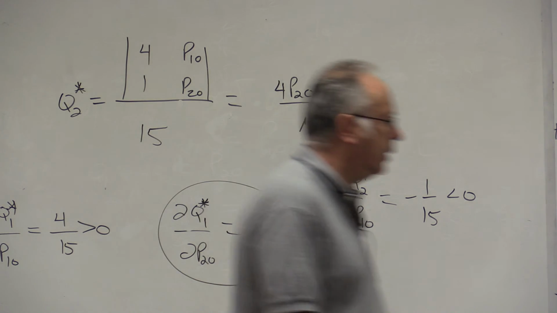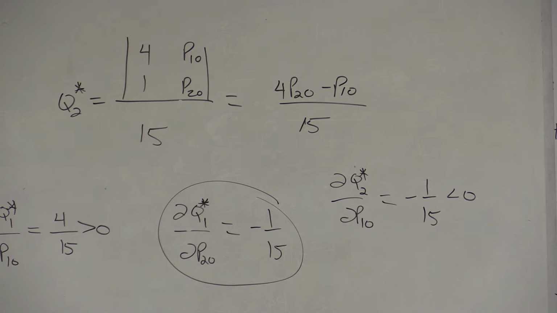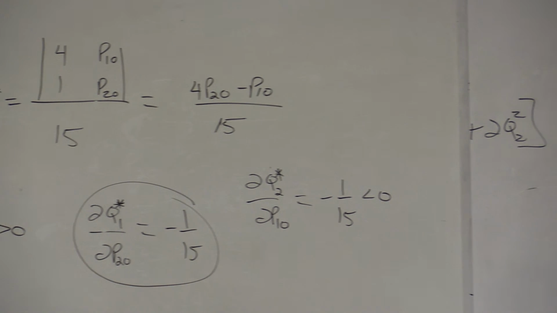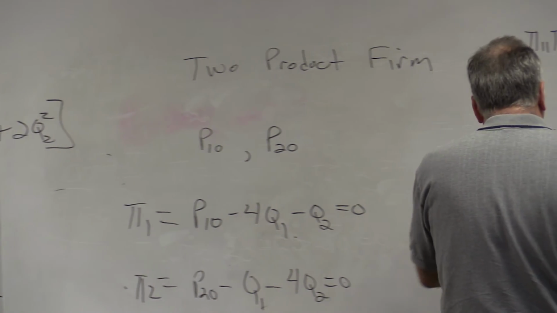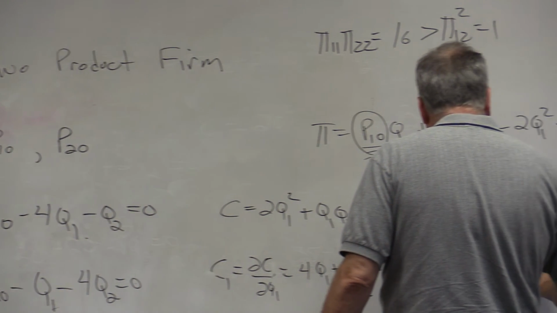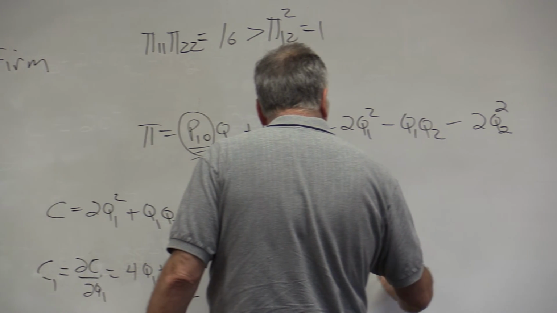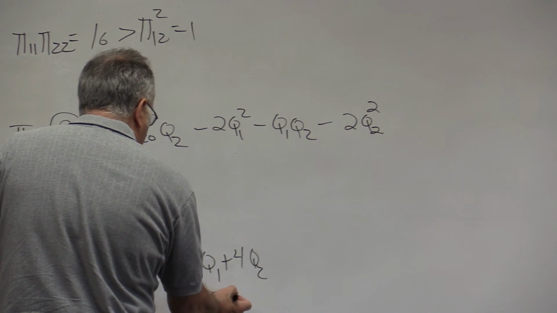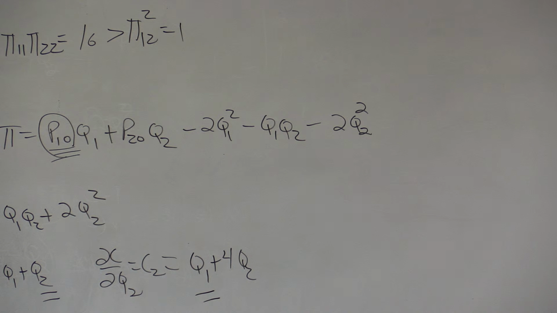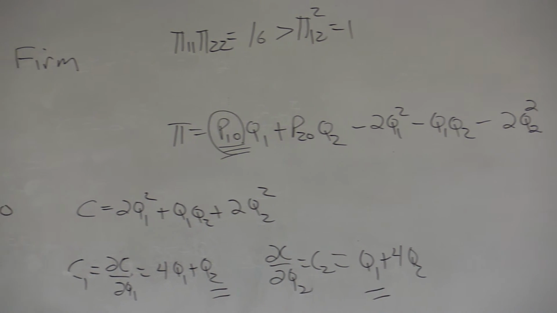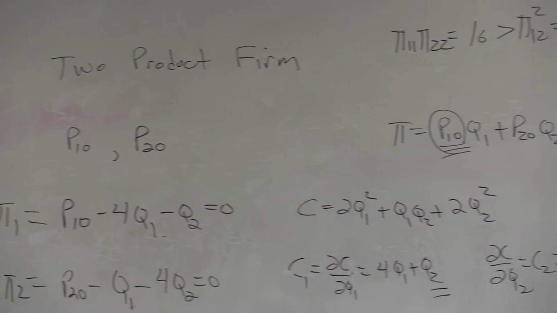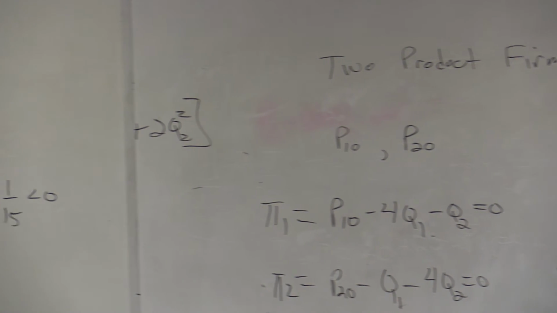If you look at the marginal cost of producing product 2, partial C, partial Q2, or just C2, that is going to be Q1 plus 4Q2. So the more of product 1 you produce, the higher the marginal cost of producing product 2. So as the price of product 1 rises, you want to produce more product 1, but that raises the marginal cost of producing product 2. So that's why this turns out to be negative.